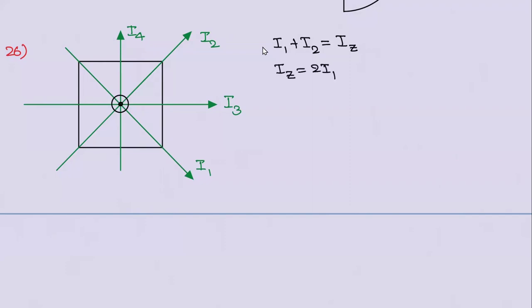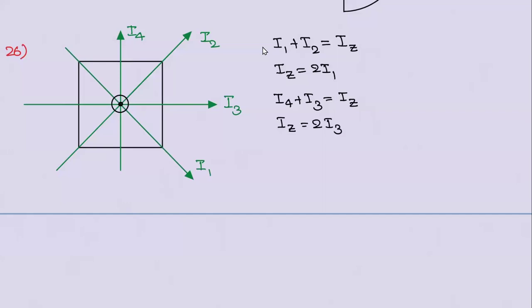In the same way, we can say I4 and I3 are the same by symmetry, and I can write I4 plus I3 is equal to IZ by the perpendicular axis theorem. So if I substitute I4 equal to I3, then IZ is equal to 2I3.